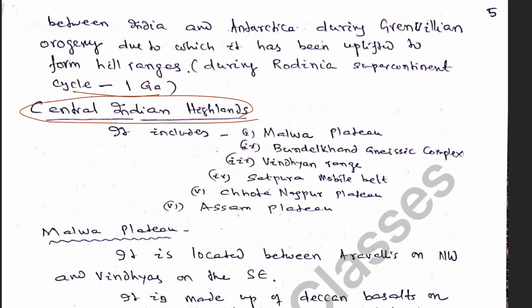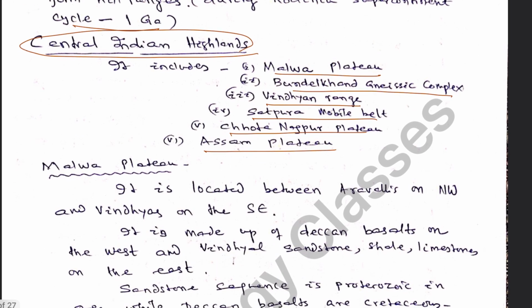So the Central Indian highlands include the Malwa Plateau, the Bundelkhand Gneissic complex, the Vindhyan range, Satpura mobile belt, Chotanagpur plateau, Assam plateau.